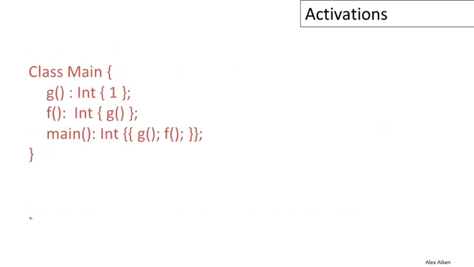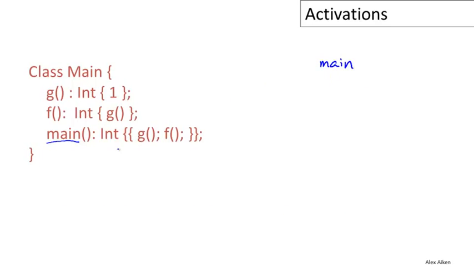Let's illustrate activations with a simple example. So here's a little Cool program, and as usual, it will begin running by executing the main method in the Main class. So the first activation and the root of our activation tree for this program is the method main.